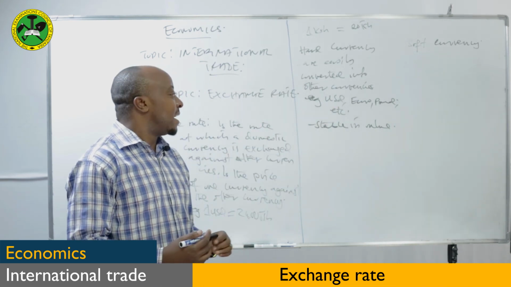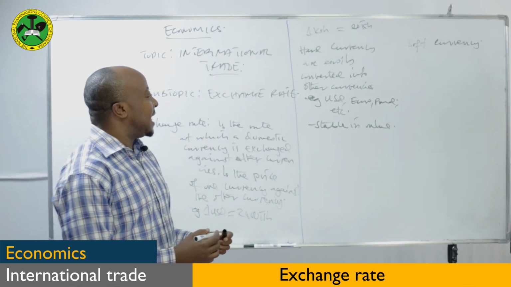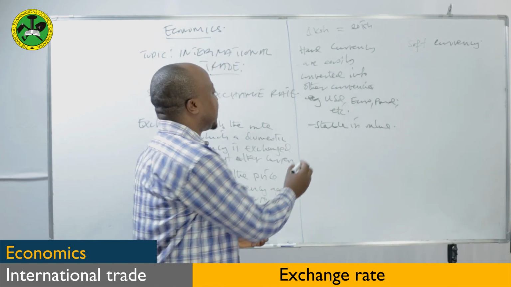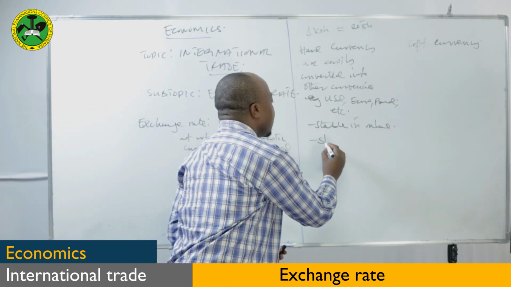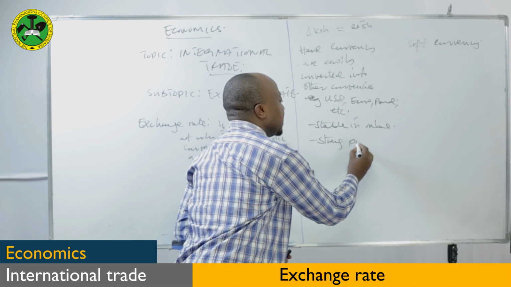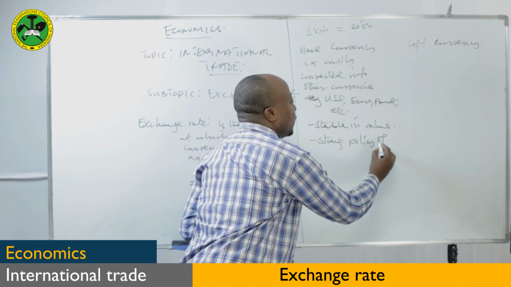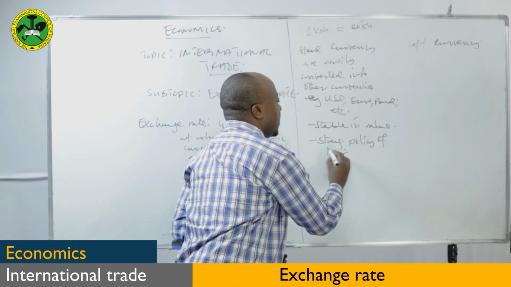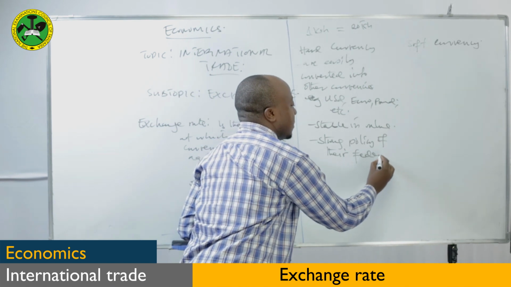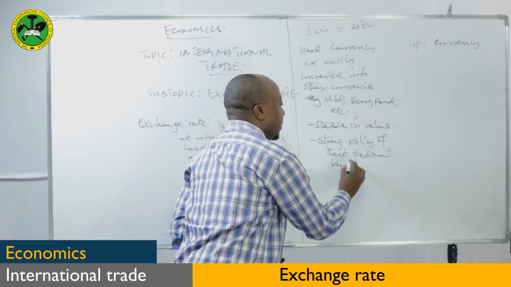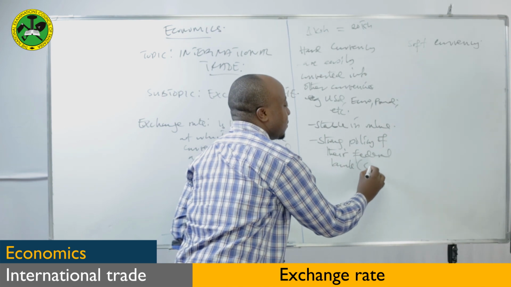This is hard currency. But also, this money has high purchasing power, and it is influenced by the strong policy of their federal bank, or in short, the central bank.